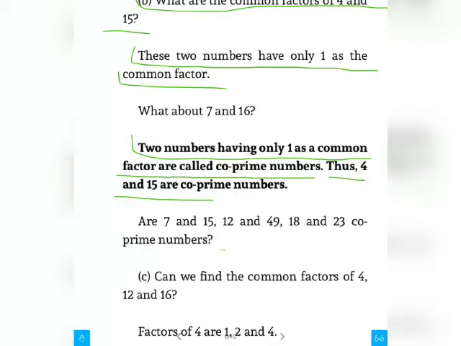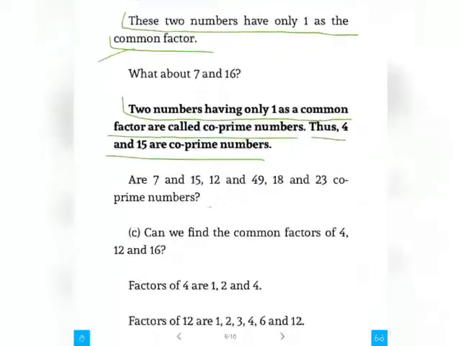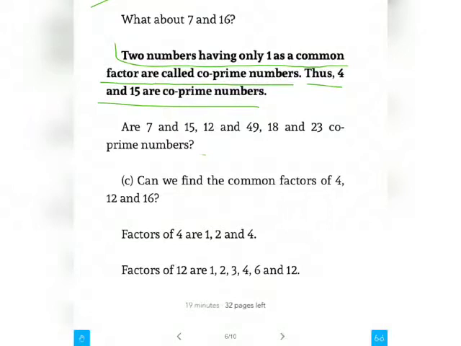Thus 4 and 15 are co-prime. That is why they have 1 as the common factor. Now you will see some more examples of co-prime numbers like 7 and 15, 12 and 49, 18 and 23. No common factor is there except 1, and these types of numbers are co-prime.